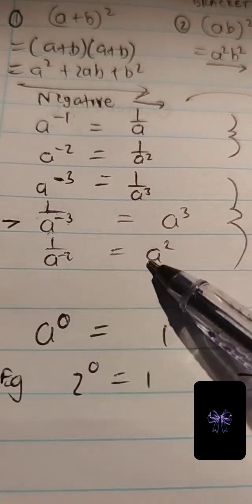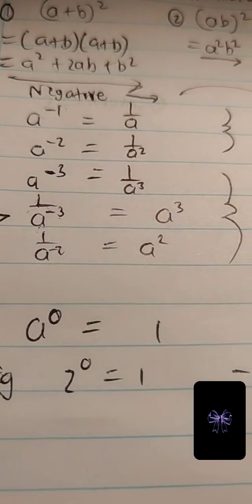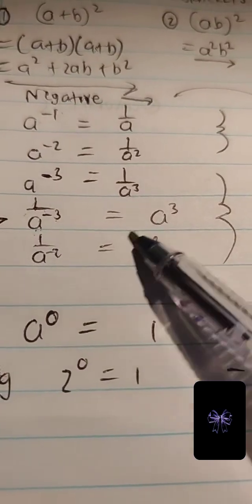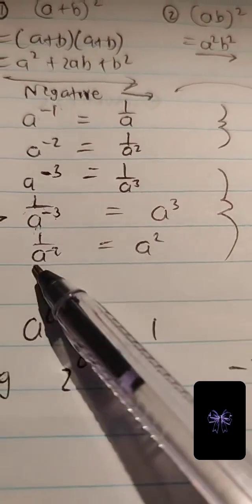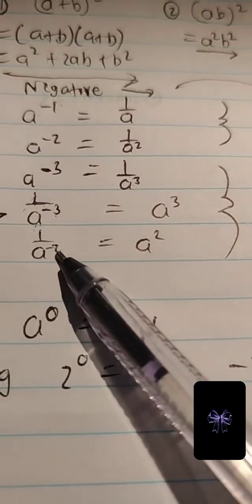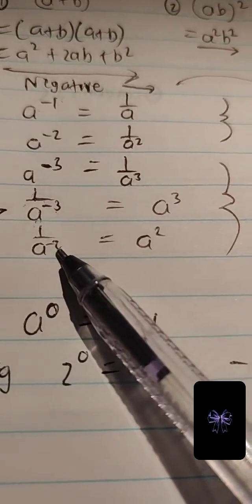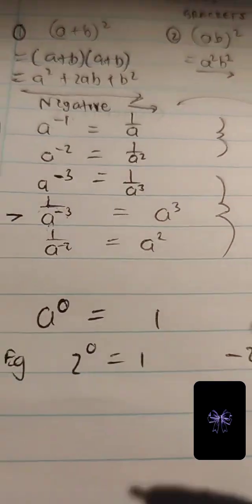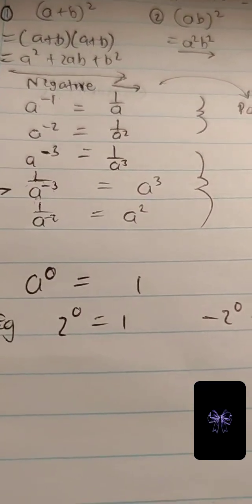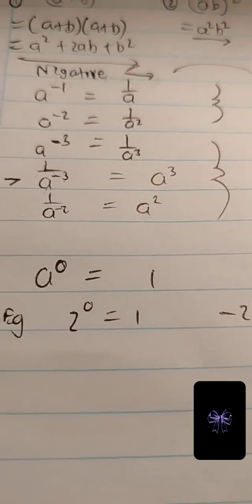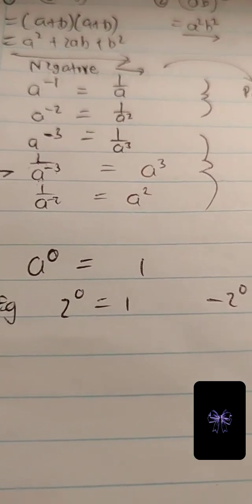Once again, 1 over a to the power negative 2 can be written as a to the power 2, positive exponent. This is in the numerator, whilst initially in the denominator with a different sign exponent. So you change the position, numerator, denominator, the exponential sign is going to change. It has to change. It gives in.